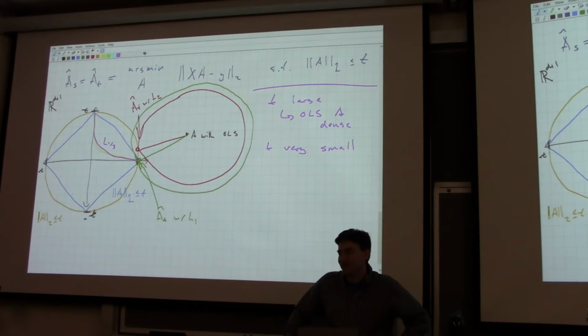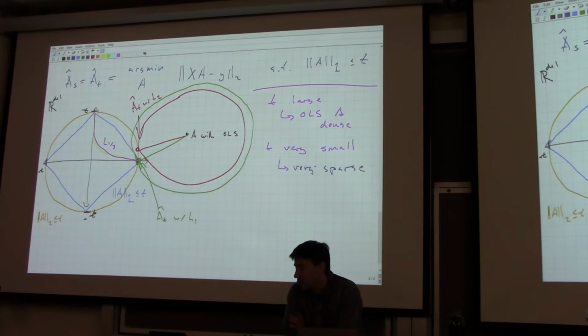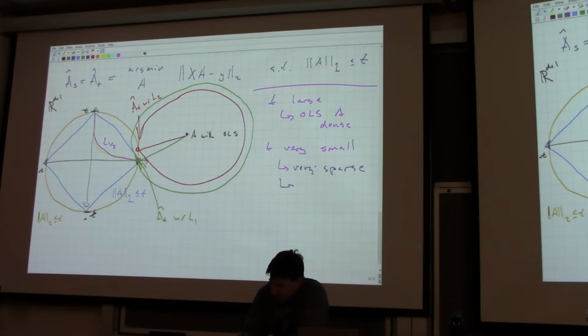So if t is very small, you're going to get a very sparse solution. Initially, it's going to be so sparse that you only have one non-zero.